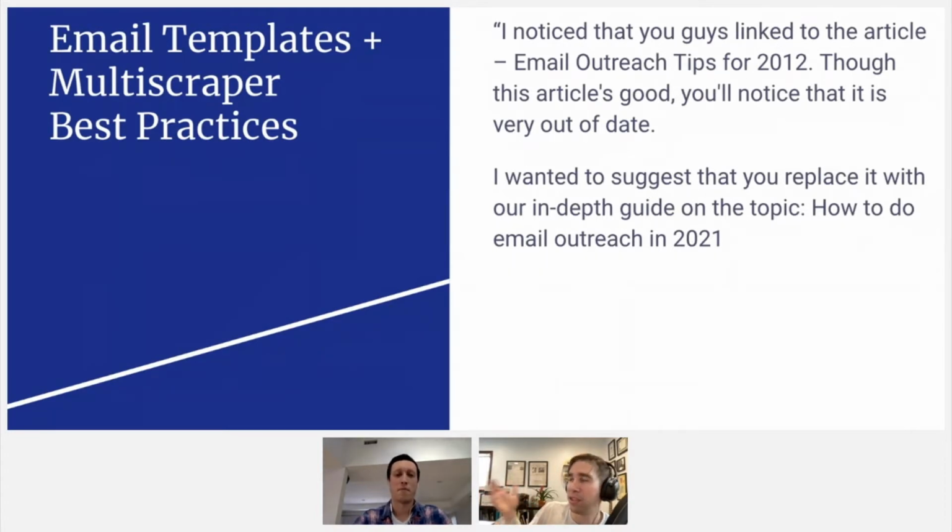The reason I say this is because you need to be clear that this is what you're looking for. I've gotten pitches where people are like, it would be great if you could link to our article. And it's like, well, are you looking for me to replace their article, or do you want me to add a link to your article somewhere else in my article?